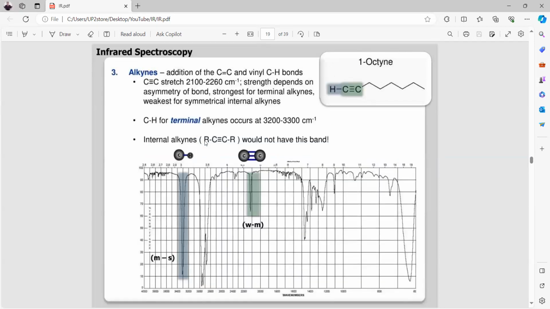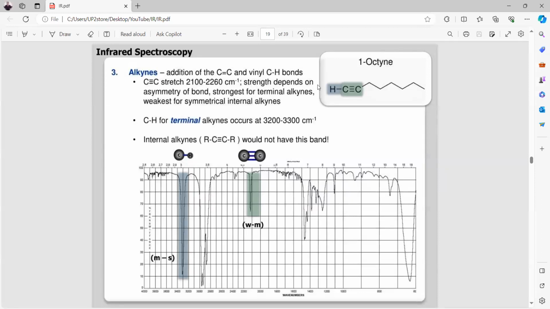So the third family is alkynes, with the addition of C triple bond C and alkyne CH bonds. You can see here 1-octyne, and the C triple bond C stretch is around 2100 to 2260 centimeter minus one.